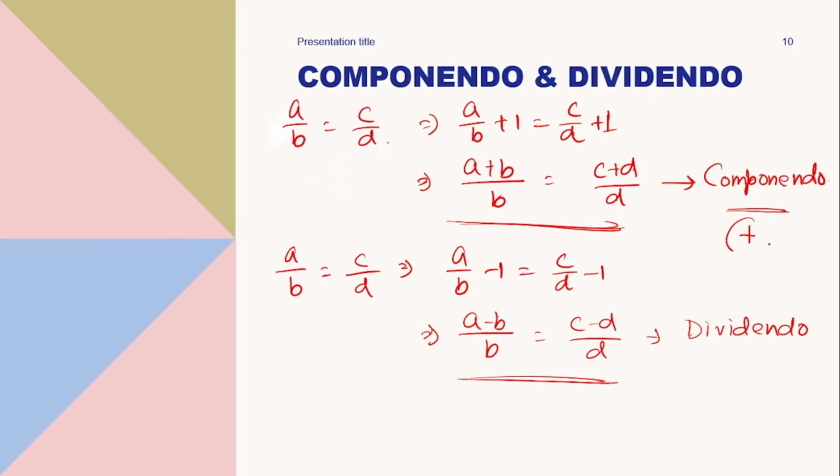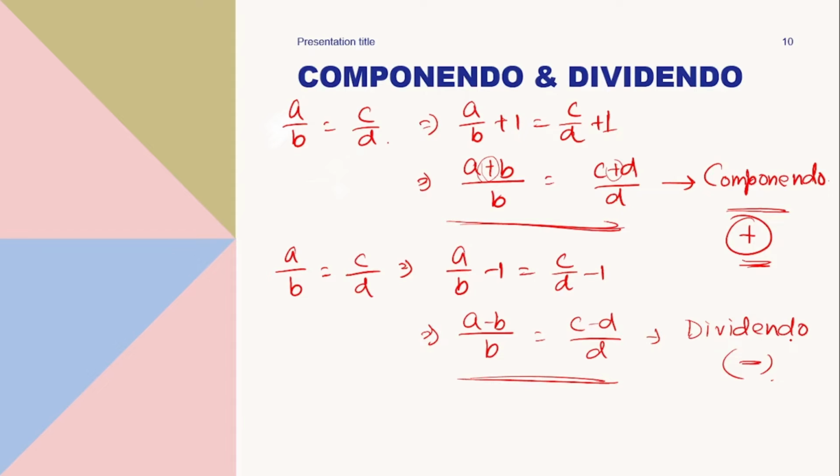Componendo is always positive, here you can see this is plus, this is also plus. Componendo is positive and dividendo is negative. If you see a plus b, that is componendo, and if you see a minus b, then that is dividendo.